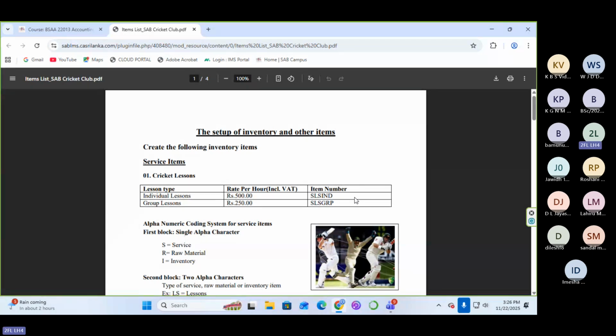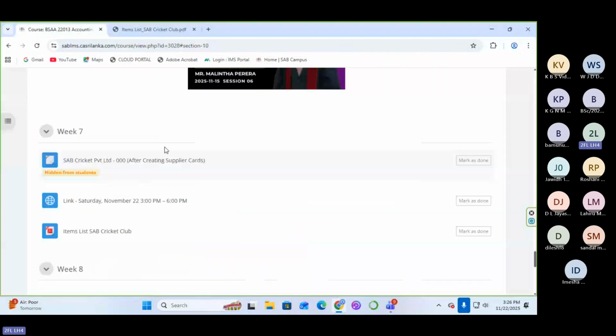So I want you all to download your company files. Download your respective company files, and in the LMS, there is a document I have uploaded that is called items list SAP Figure Club. I want you to download or open that as well.